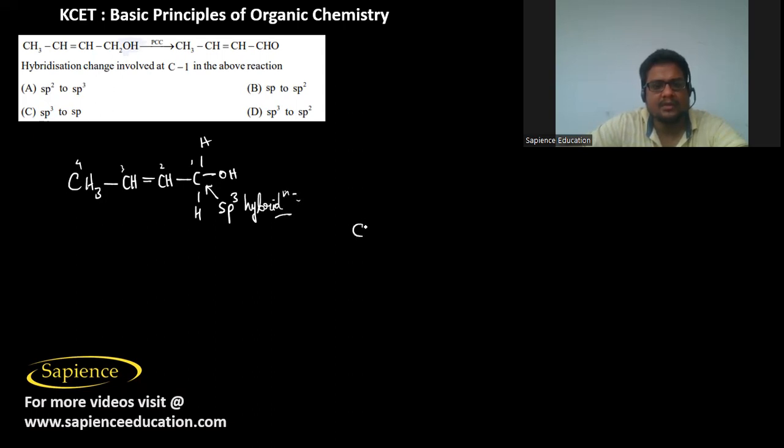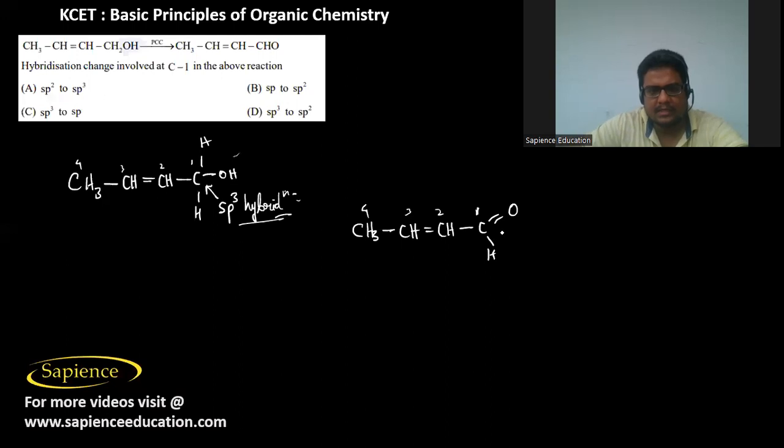And in the product which is formed, sp3 hybridization is in the reactant, and in the product it is a CHO group. So the C1 carbon, the first carbon will be here: 1, 2, 3, 4.